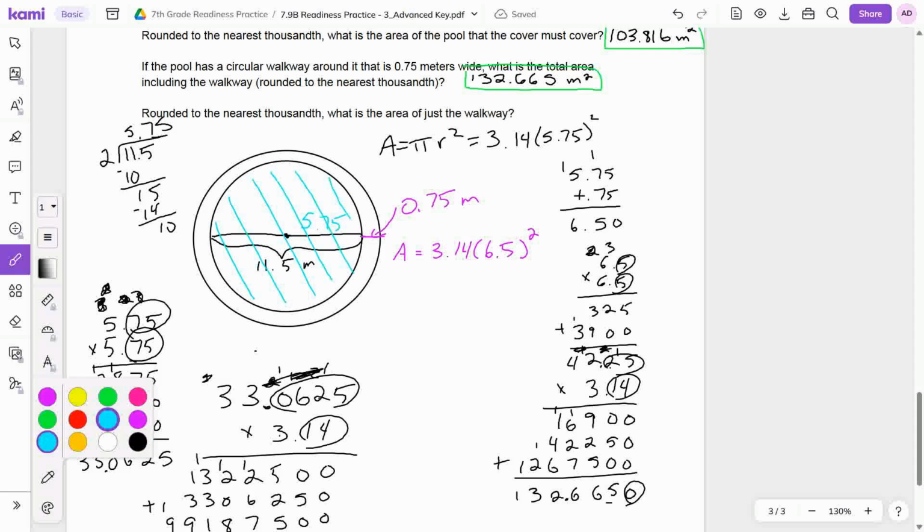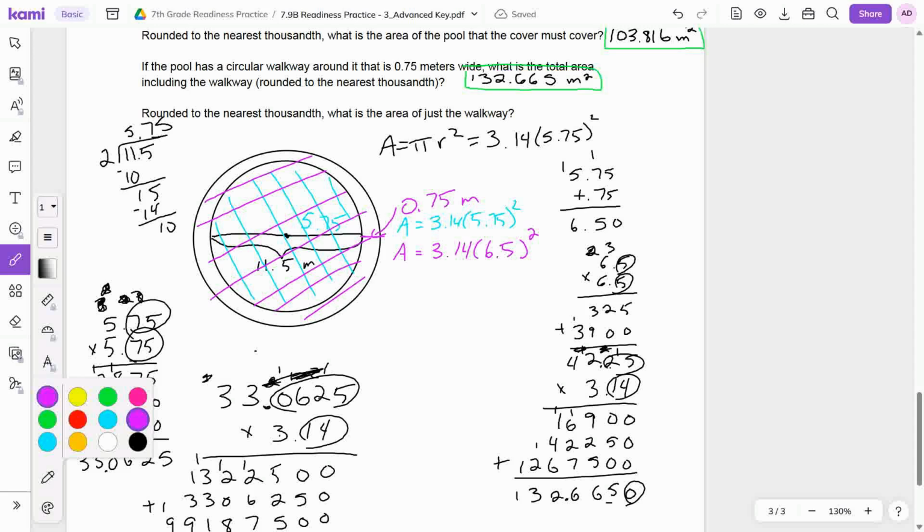Okay, so that area was, what did we have? It was the 3.14 and the 5.75 squared. And then the bigger area was that second one, right? That with the radius of 6.5 because we added the 0.75 walkway.